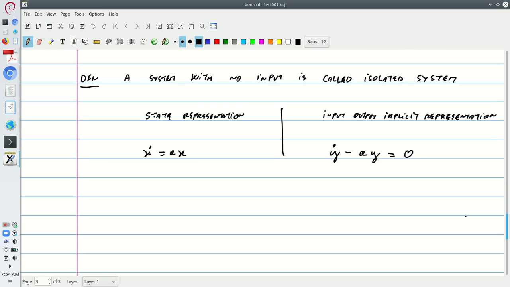So in this case, as you can see, this has the form x dot equal to f of t, x, u, where there is no u and there is no t, so it's a simpler function. And in this other case, you have a g of the derivatives with respect to time of y, that we have learned we can write as y dot.